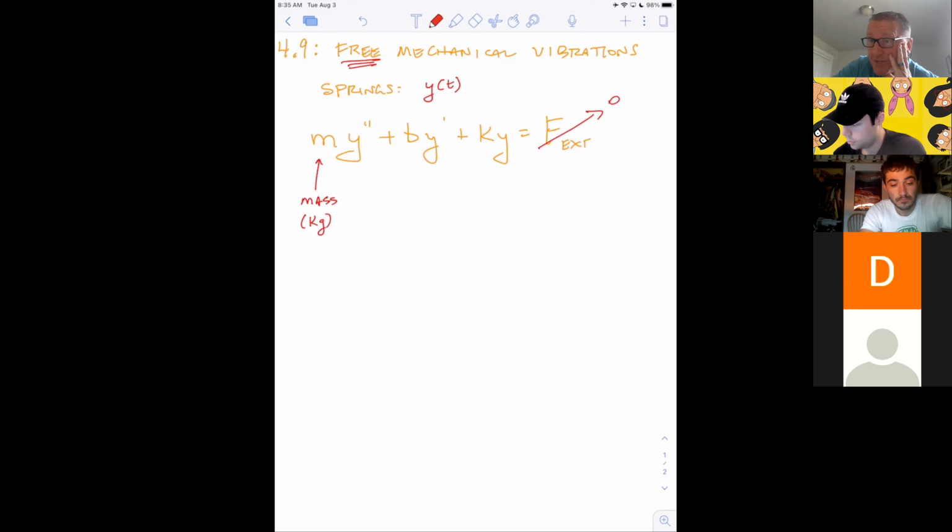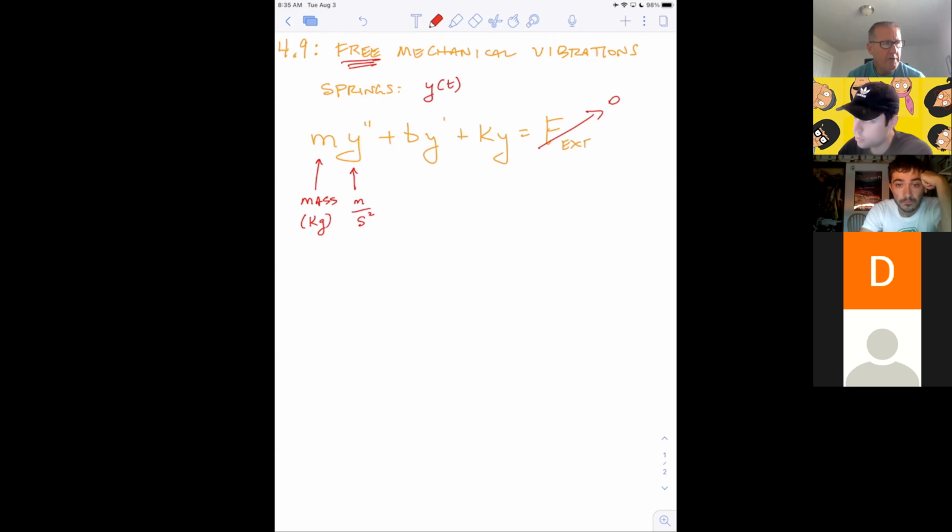Yesterday x was a location, today t is time. So the unit of y double prime will be meters per second squared. Isn't that how acceleration looks? It's a change of velocity, and velocity is meters per second, so meters per second per second. So that's kilogram meters per second squared as a unit.